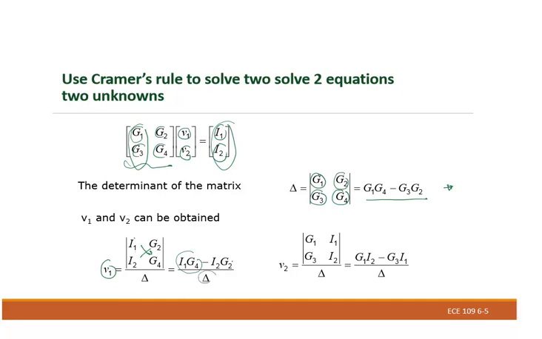To find V2, we replace the second column with the right side of the equation. That gives G1 times I2 minus G3 times I1, divided by delta. You can find it this way easily.